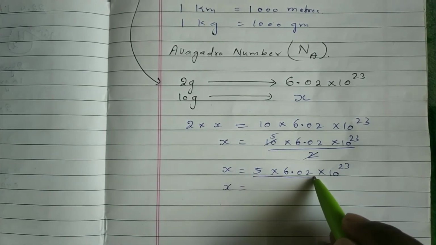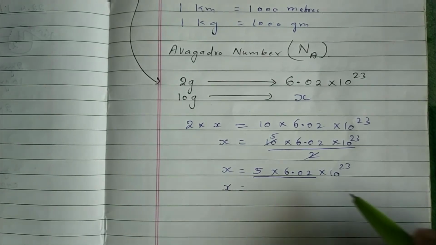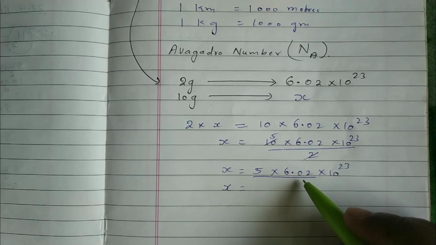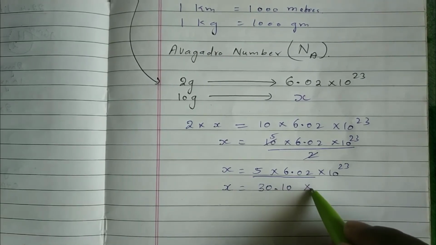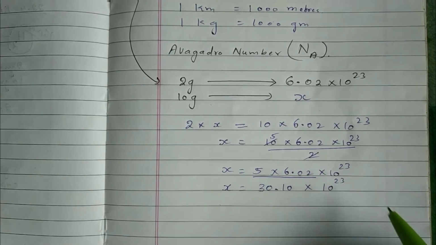So if we multiply 6.02 into 5, we will be getting 30.10 into 10 to the power of 23.